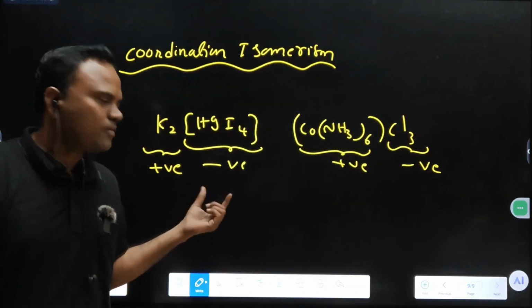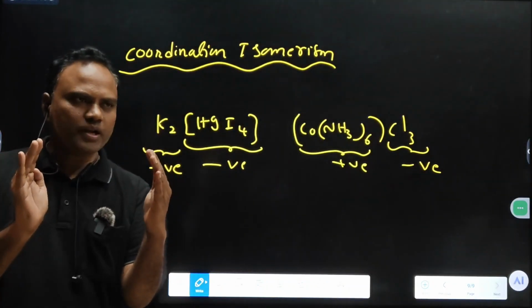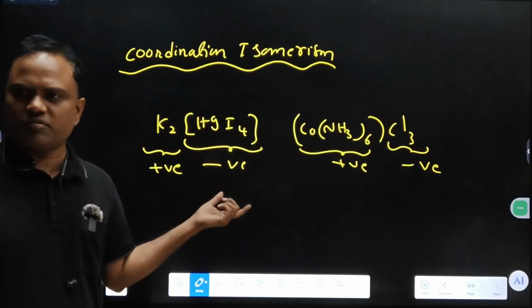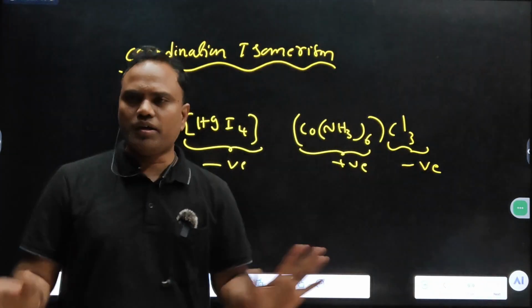Clear? But in some complexes both the positive part and the negative part appear as coordination spheres, one bracket, second bracket. In this complex, the positive part is not appearing in a square bracket; the negative part is appearing as the coordination sphere. Here the positive part is appearing as a bracket, not the negative part.